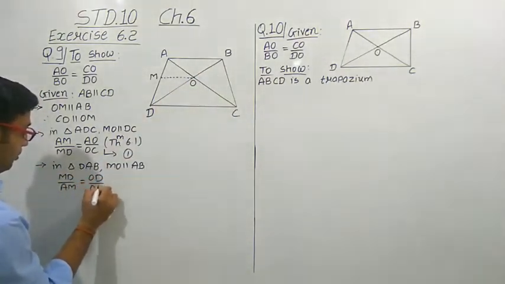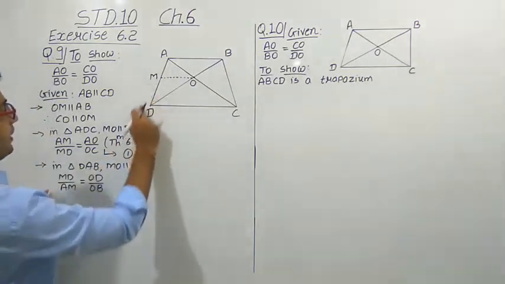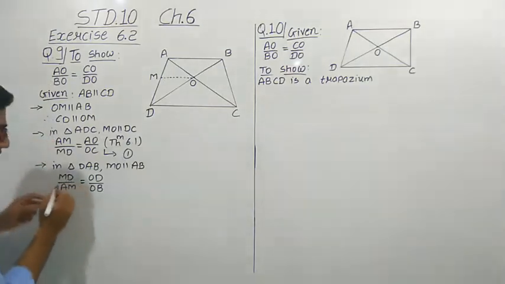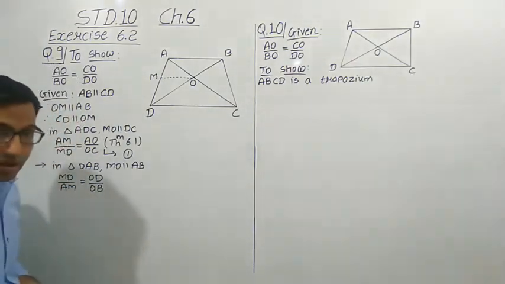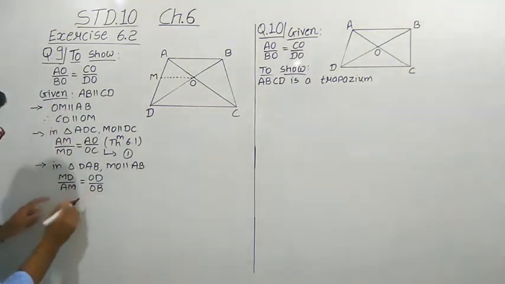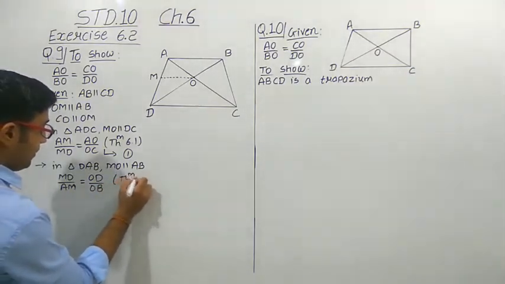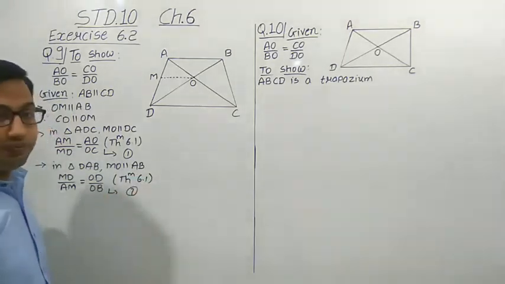We have written MD instead of DM because we want to compare it with the other equation, and MD and DM are equal. In the same way, AM and MA are also equal. We write it this way so it is easy to compare. This is also according to theorem 6.1. Give it equation number 2.